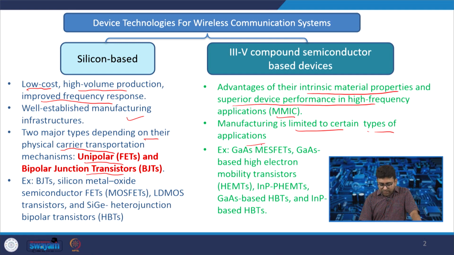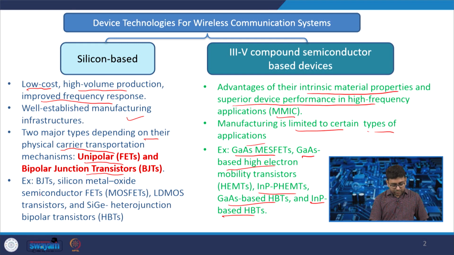However, using compound semiconductors, we can have gallium arsenide based MOSFETs, gallium arsenide based HEMTs, high electron mobility transistors, and indium phosphide PHEMTs. There are gallium arsenide based HBTs and similarly indium phosphide based HBTs. These are the broad types that we have listed here.